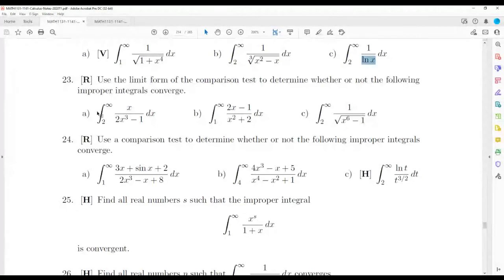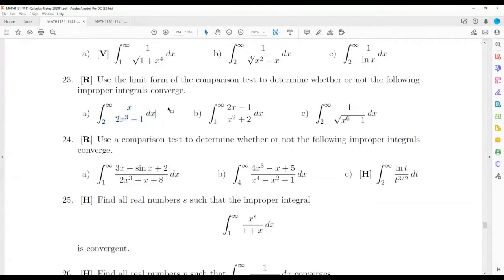So who can tell me 23 part A? Let's play a game. If you don't know, just guess.